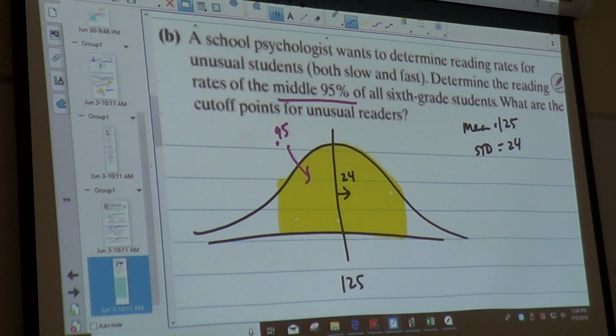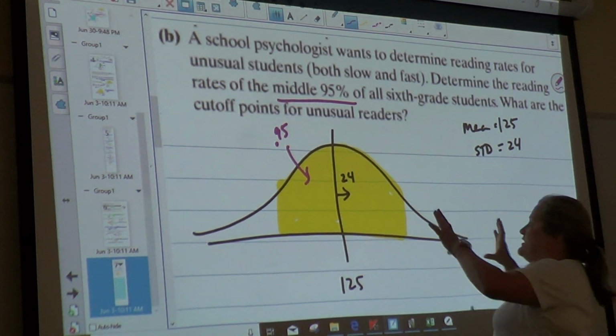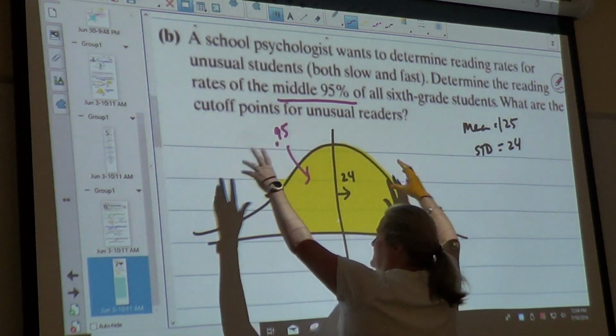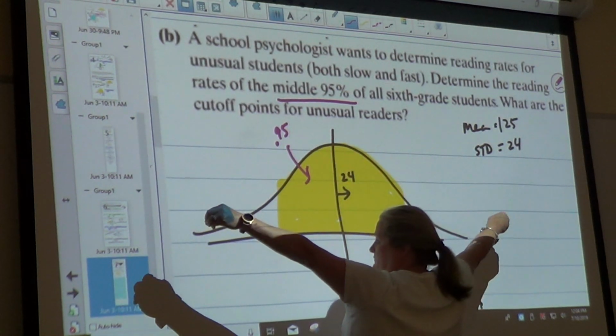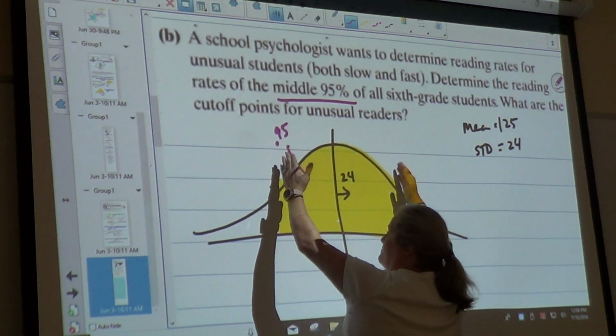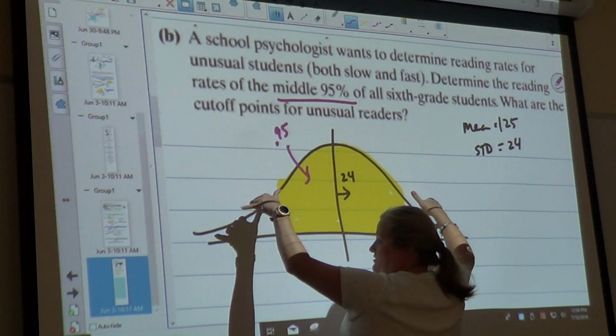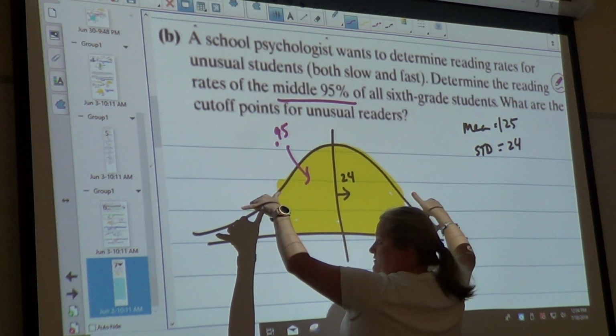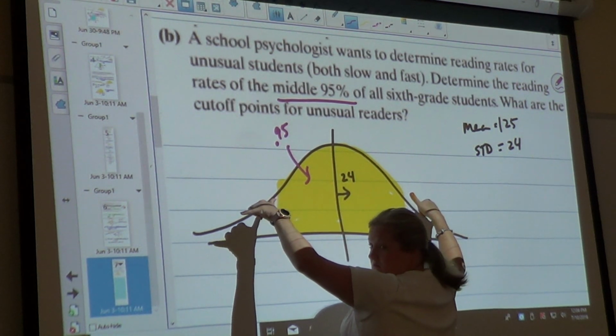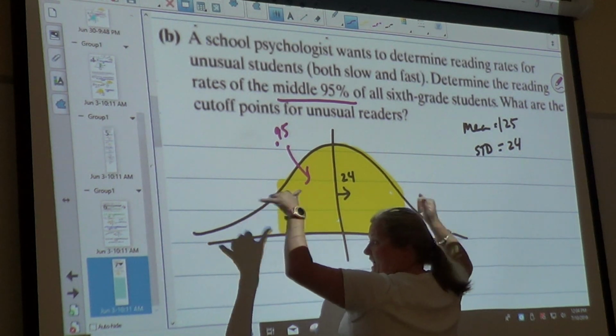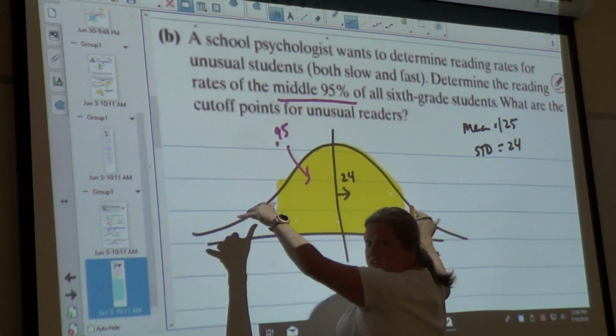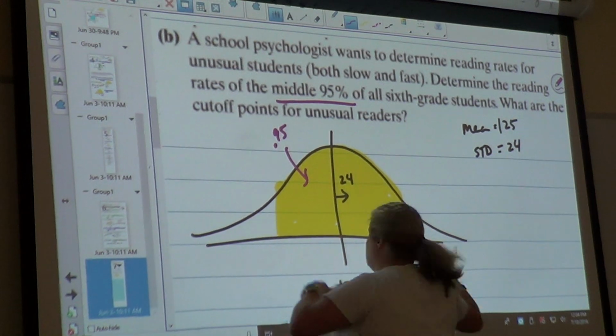Are we good so far? So, do we agree that the whole thing is 100% or 1? So if this is 95%, what are both of those together? 5%. And if I cut it in half, then each of these would be 2.5%.